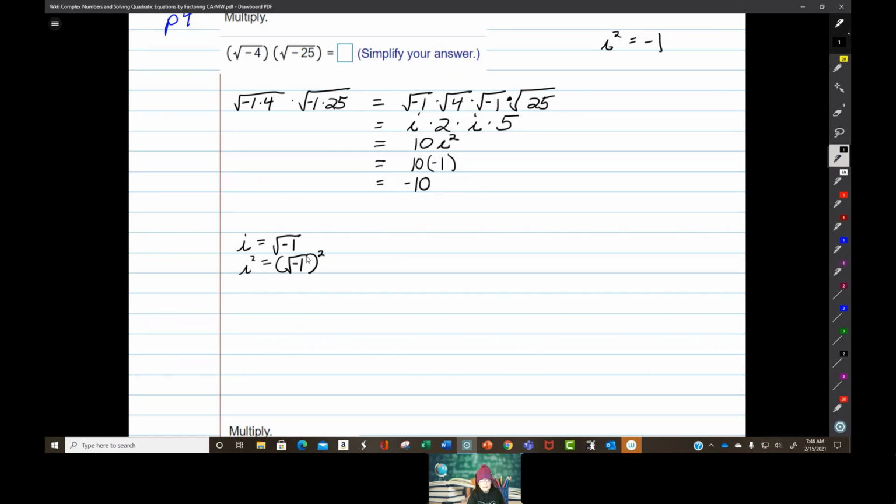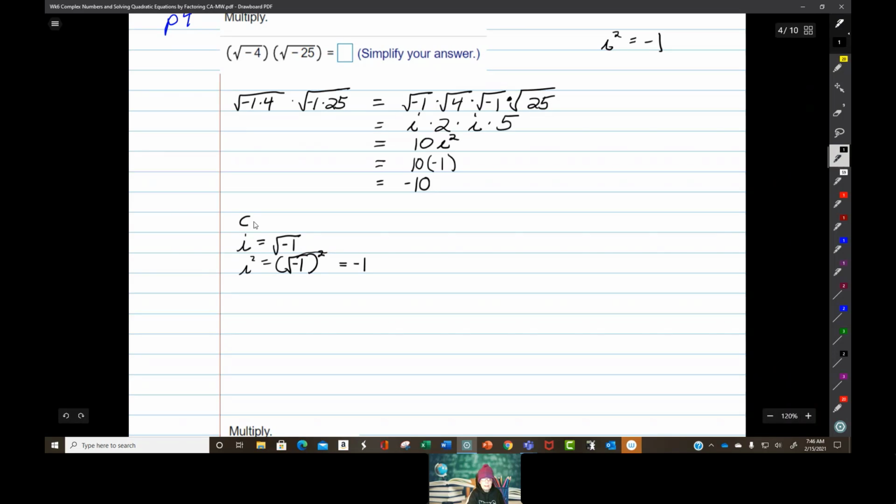Well, in the complex number system, which works a little differently sometimes than the real number system, this square and that radical cancel each other out because they're inverse operations, leaving you with -1.